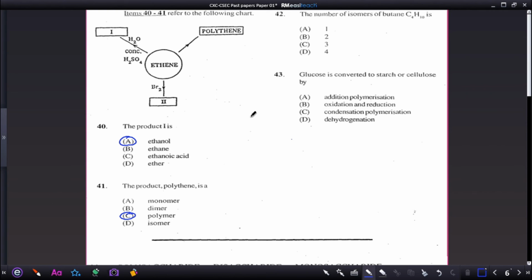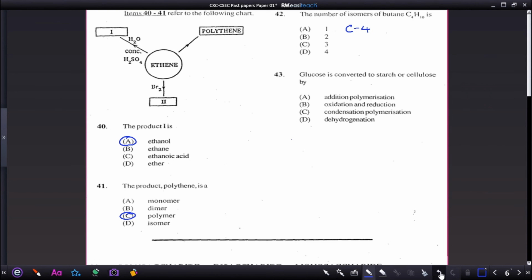42, the number of isomers of butane C4H10 is. The quickest way to find the number of isomers for alkanes is to use this trick: isomerism starts from carbon 4.